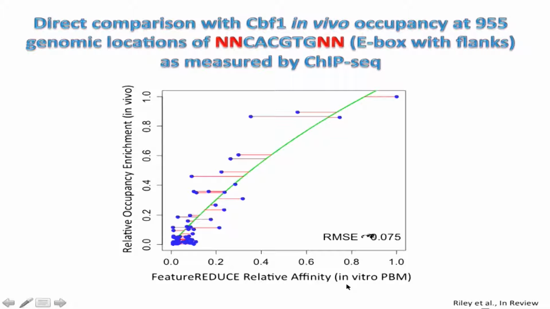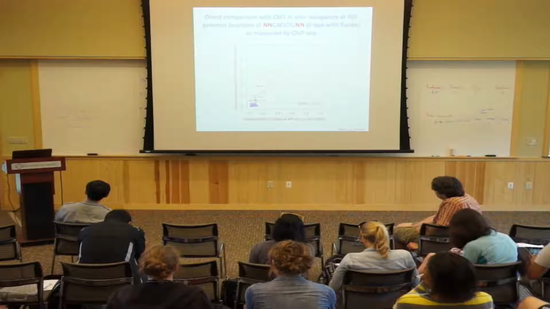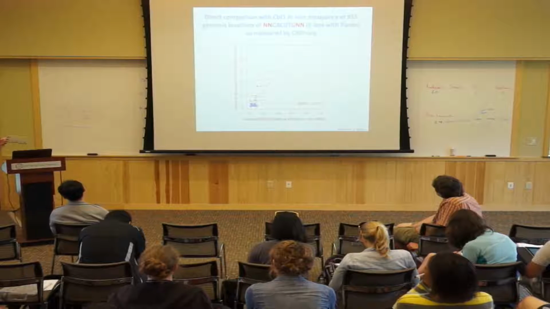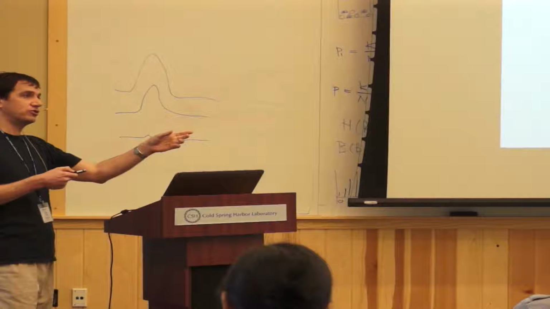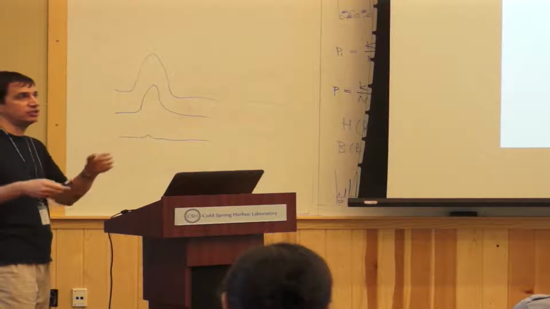Yeah. So on the x-axis, these are our relative affinity estimates, given our affinity model built on PBM data, for each specific sequence. Each one of these points corresponds to a 10 base pair E-box motif, where they all have the same CACGTG hexamer core, and all that's varying are the two positions on the left and two positions on the right, the flanking sequence.